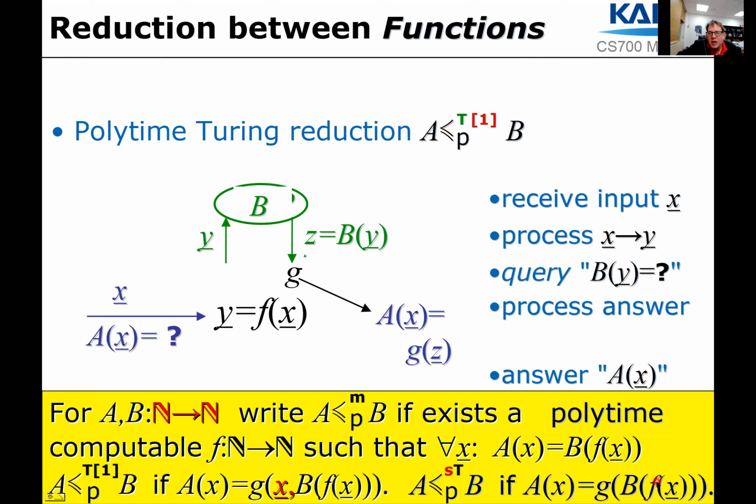This is strong Turing reduction between functions. For Turing reduction between functions, there are two transformations. For strong Turing reduction between functions, there are also two transformations. And the difference is that in the first case, the original argument x, an integer, is available to the second part of the transformation, whereas in this case, it's not.